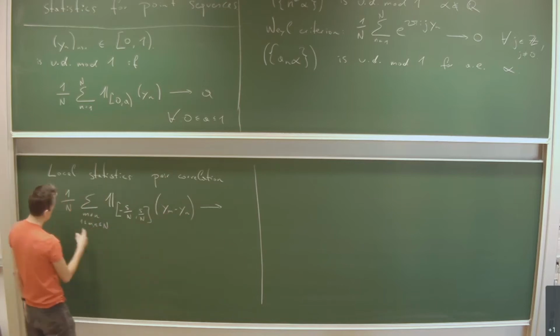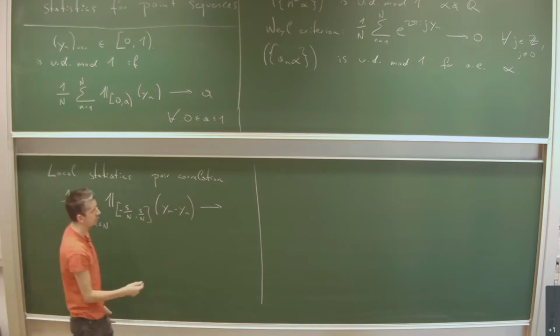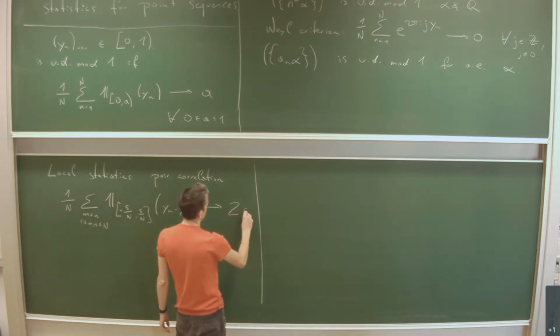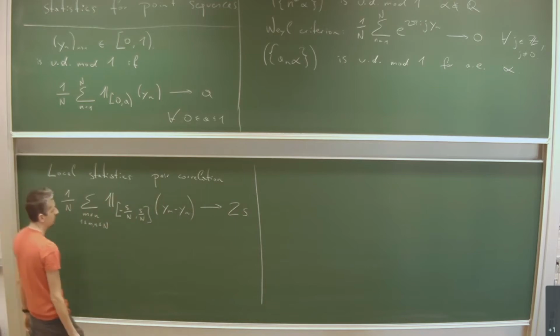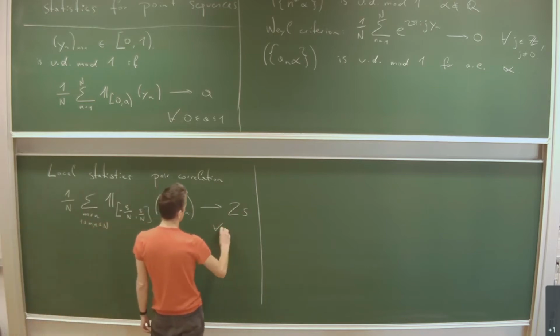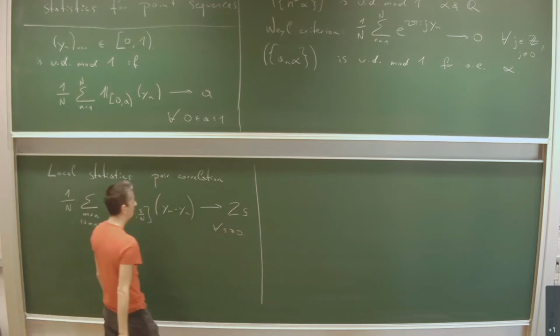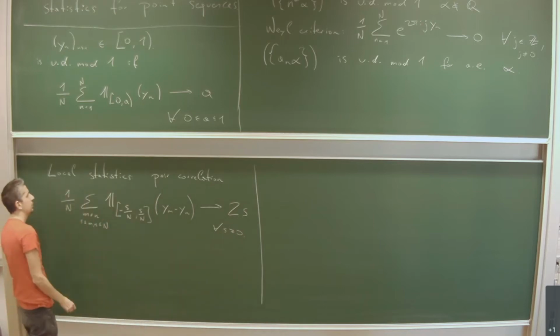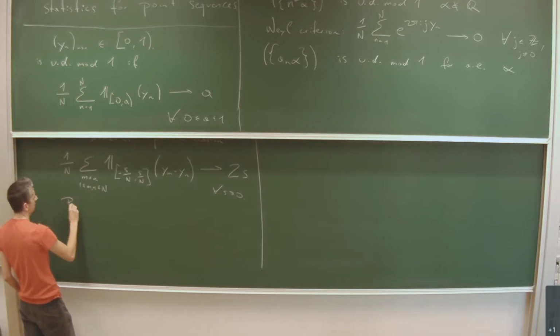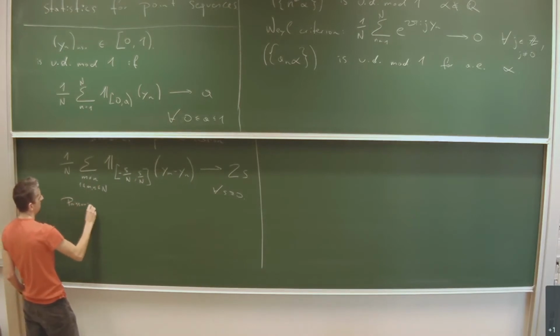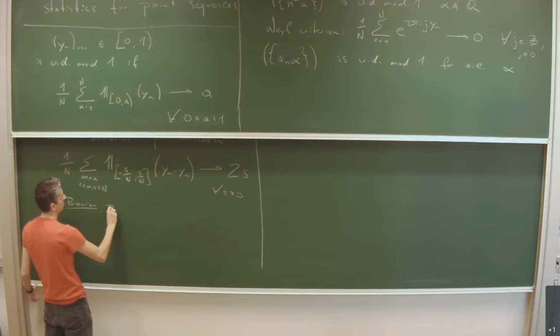You have n choices here, you normalize with n, so the random thing to happen would be that this converges to 2s. This is for all s. And if this happens, you will say that the sequence yn has Poissonian pair correlation.